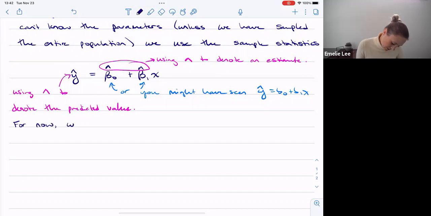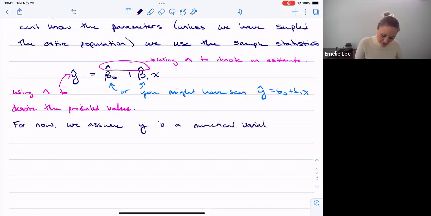We can deal with categorical variables for the response, but we need different techniques for that. So here we are assuming that Y is a numerical variable, and we want to predict future values of Y.